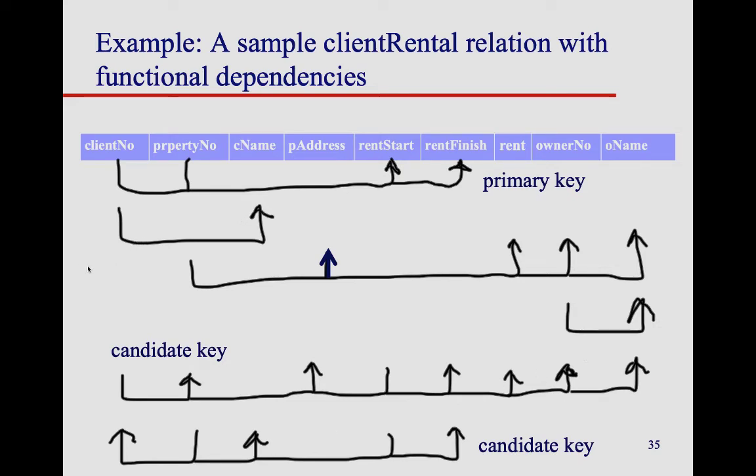That's fine. And the other one, if we assume that a property can only be rented to one person at a time, which might not be true. As you all know who have roommates, it may be that more than one name appears on the lease.